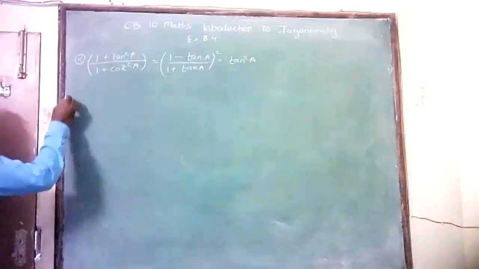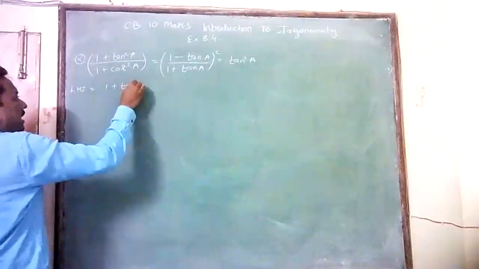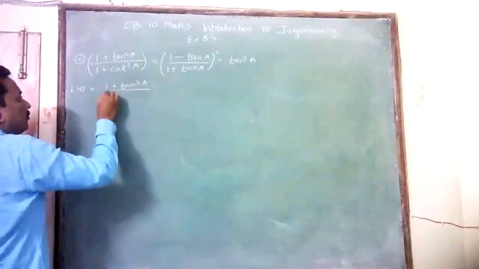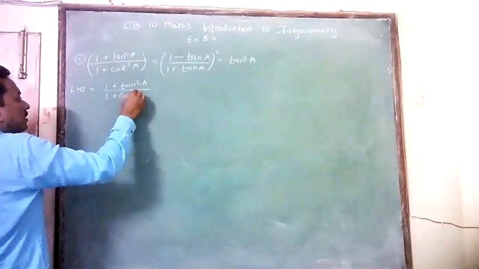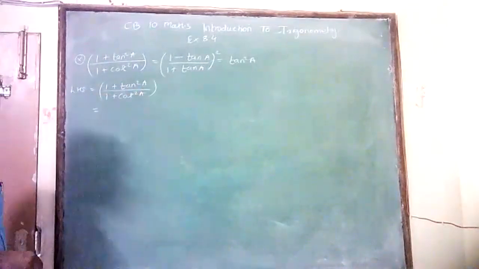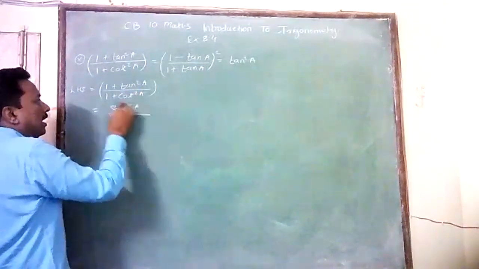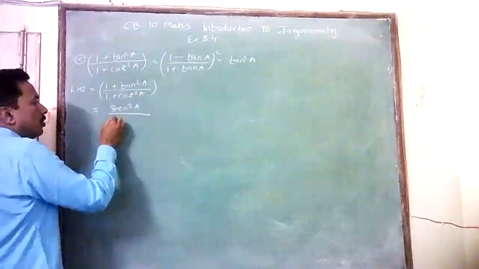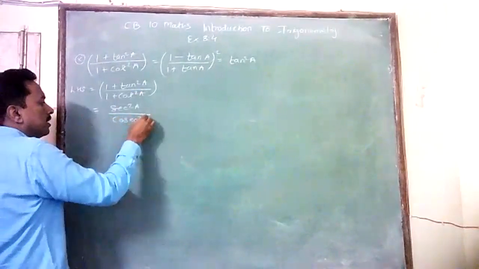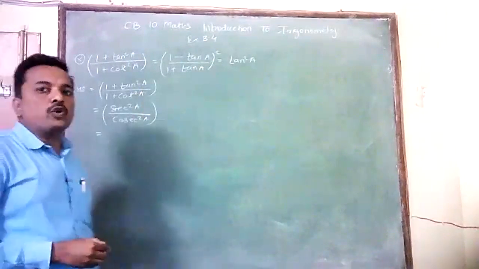So take LHS first. 1 plus tan square A upon 1 plus cot square A, right? So 1 plus tan square A, we know it is sec square A. Sec square A. And 1 plus cot square A is cosec square A. So sec is equal to 1 upon cos.